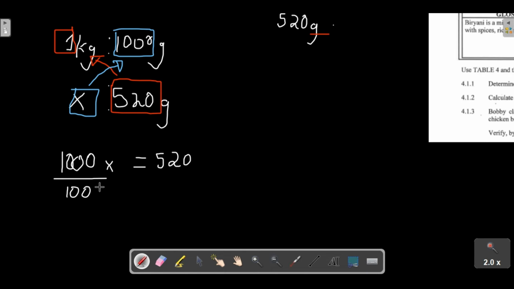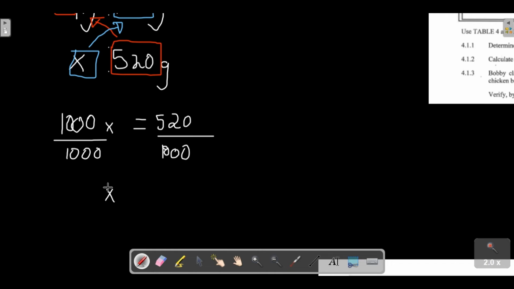What we do on the left hand side we should also do on the right hand side. 1,000 divided by 1,000 is 1, so 1x, and x is equal to 520 divided by 1,000, which is 0.52. 0.52 what?